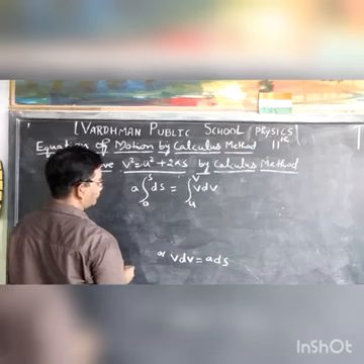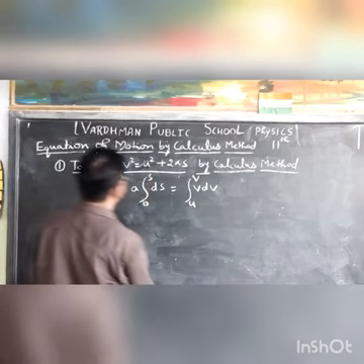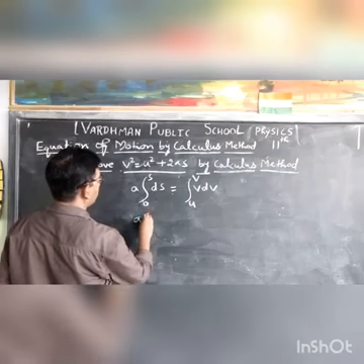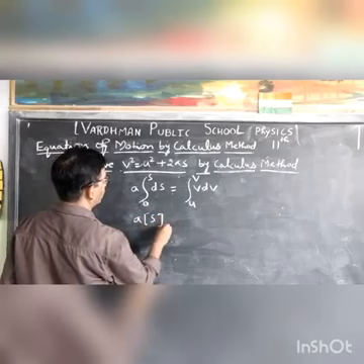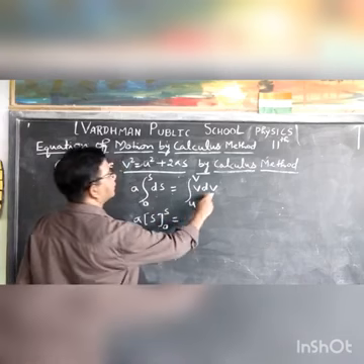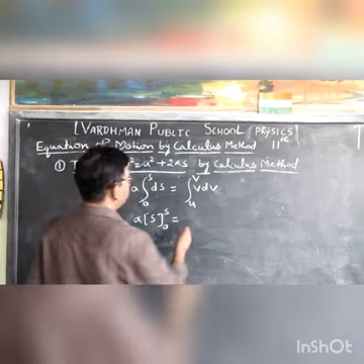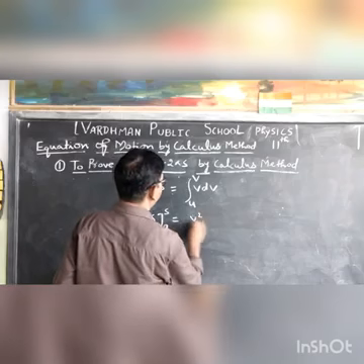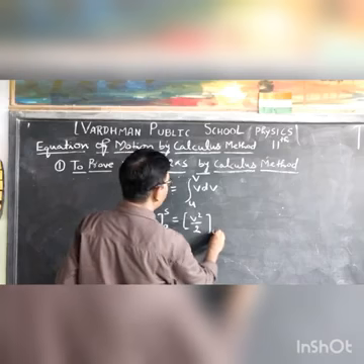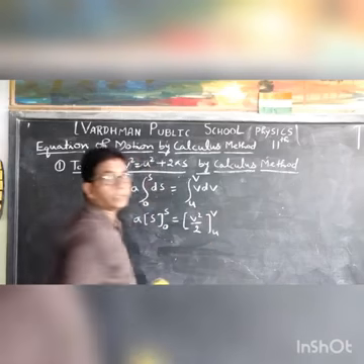Thus, the integration of ds is s, lower limit 0 and upper limit s, and the integration of v dv is v square upon 2, lower limit u and upper limit v.